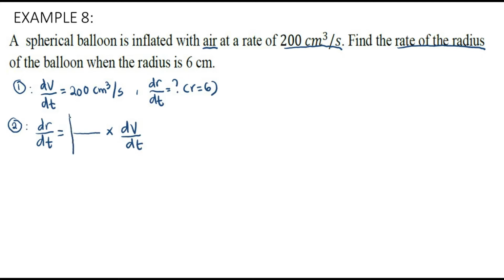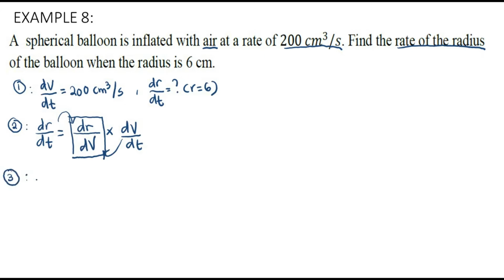From here, you can identify the missing rate that we have to find before solving the question. So just put what's connected from here. We know that we have to find dr over dV.